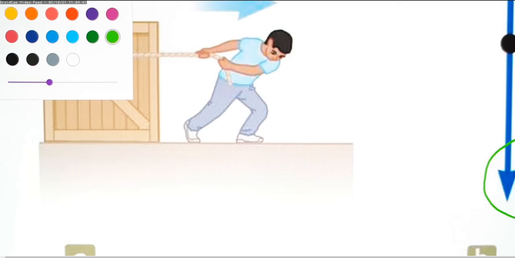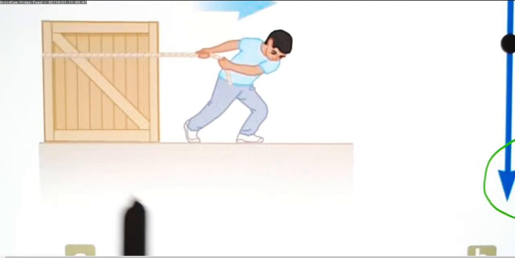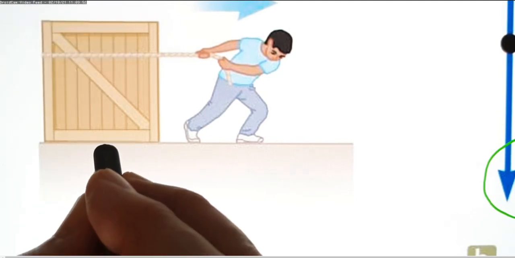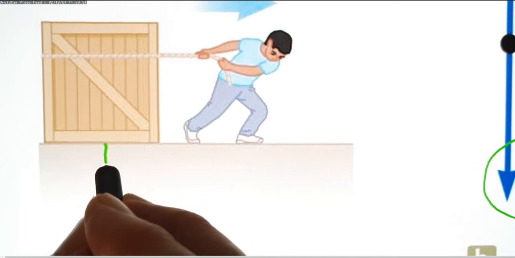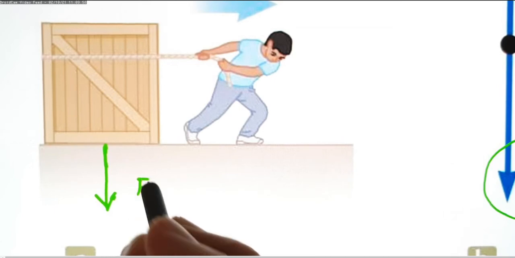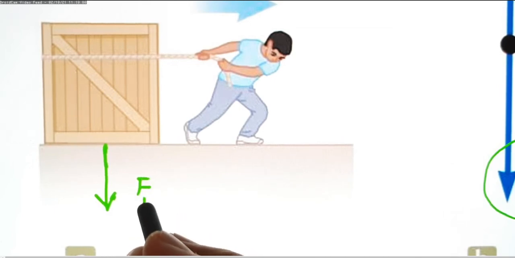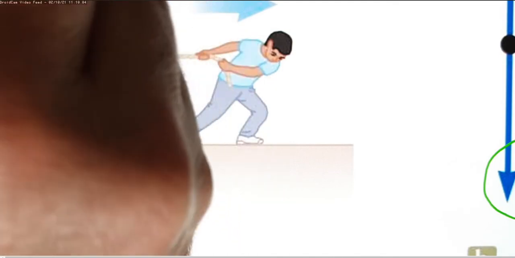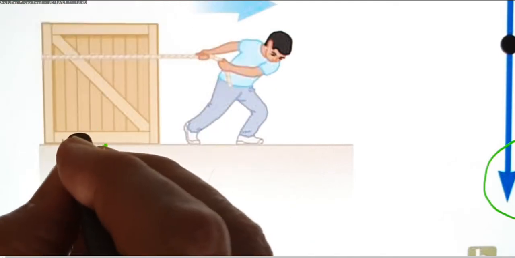Because we said two forces, we have action and reaction. Action is applied on one object. Reaction is applied from the second object to the first object. So the action force is box on ground, we can say, and we have a reaction force.